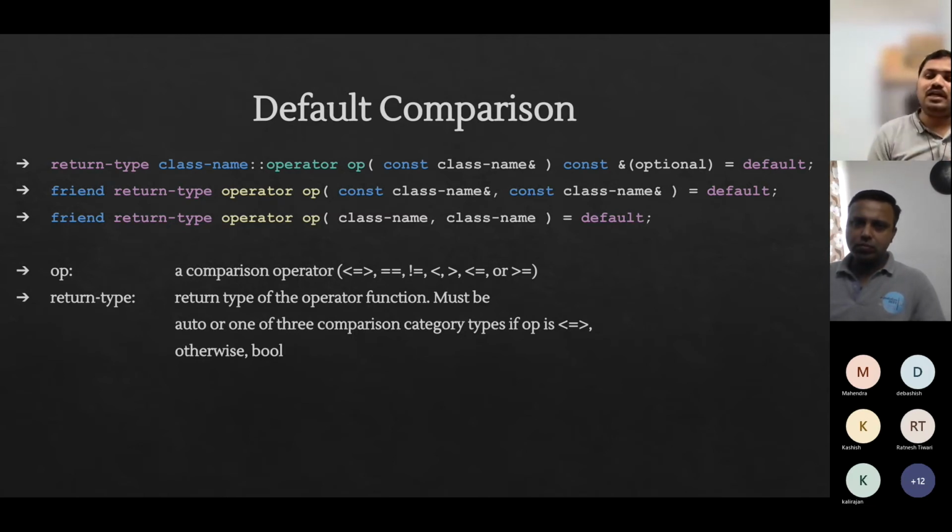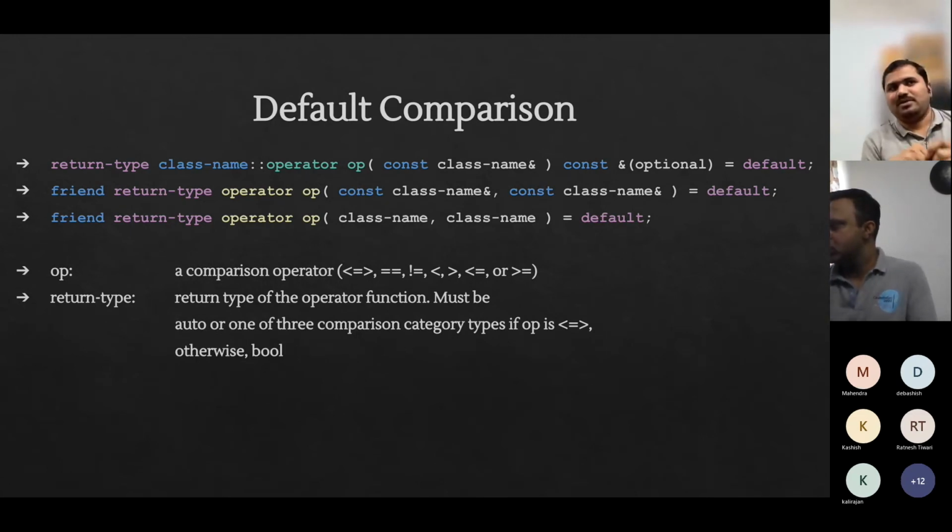So unless you have a defaulted spaceship operator, you can't default other operators like less than, greater than. I'm not talking about equal to and not equal to; I'm talking about less than, greater than, less than or equal to, greater than or equal to, those 4 operators. That is a mandatory condition for default comparison.